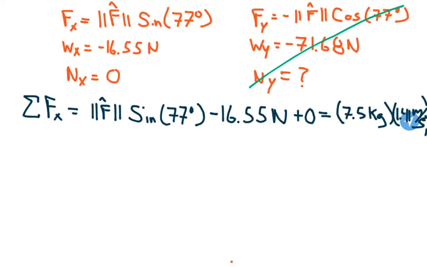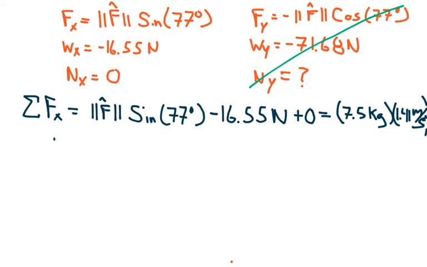Now we just do some math and solve for the magnitude of the force. So just hold tight. If you feel like fast forwarding through this part, it's just a bunch of algebra, but I'm going to walk through each of the steps so that you can see clearly what I'm doing.